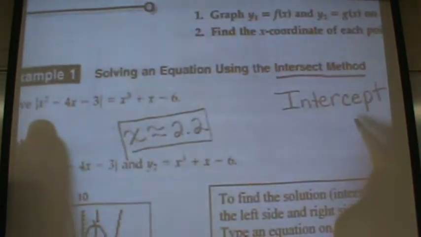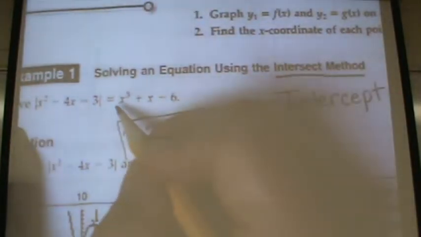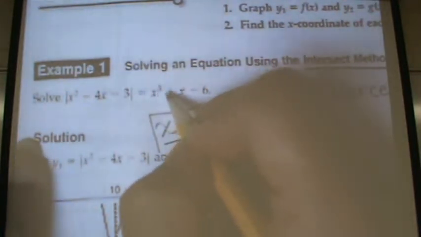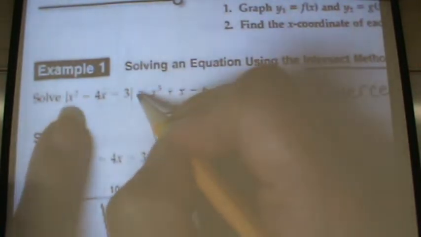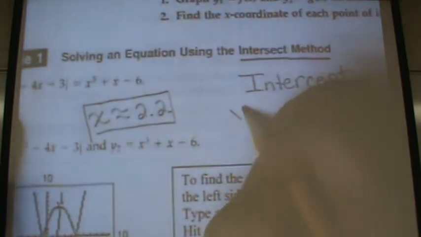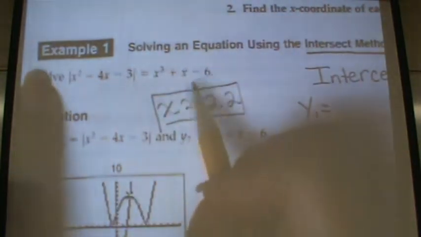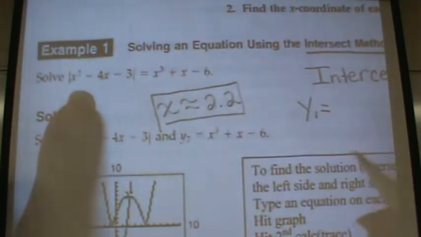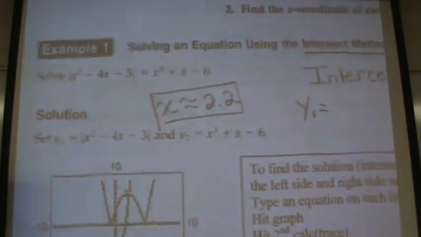With the x-intercept method, you are going to set this equal to 0. So what you have to do is move these 3 pieces to the other side. You don't have to do it with pencil, but I'm going to show you what you're going to type in your calculator.